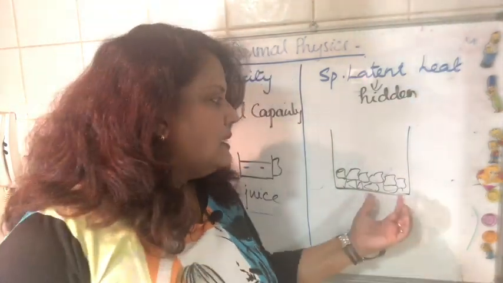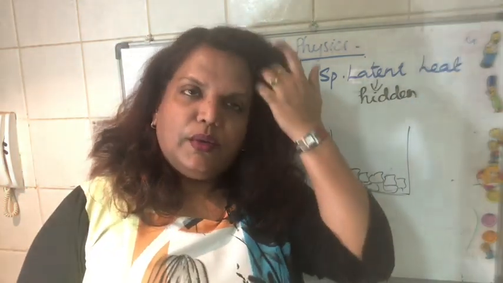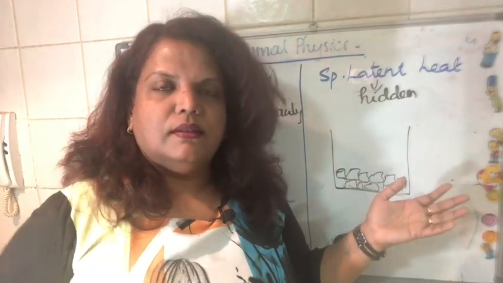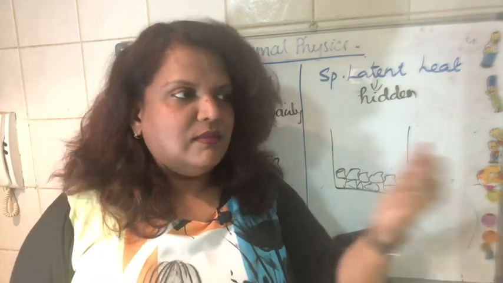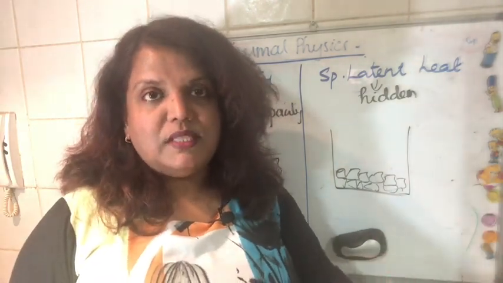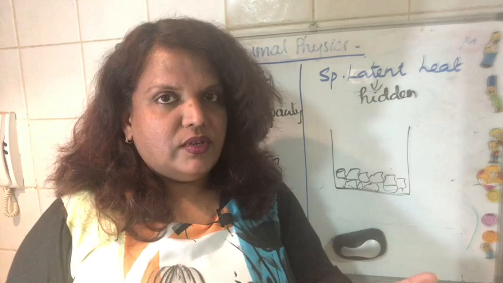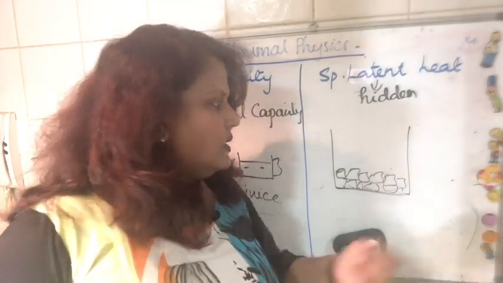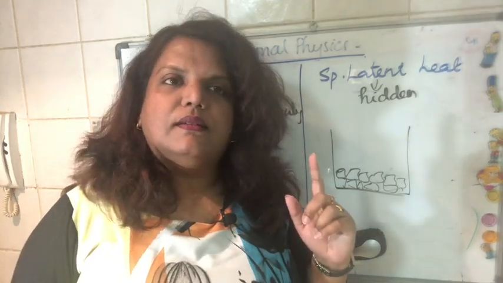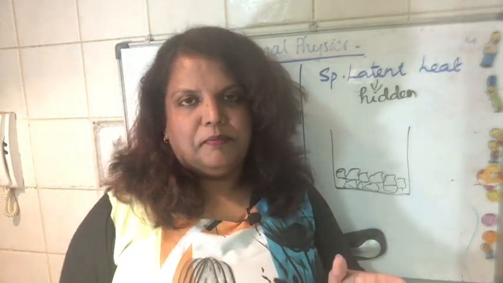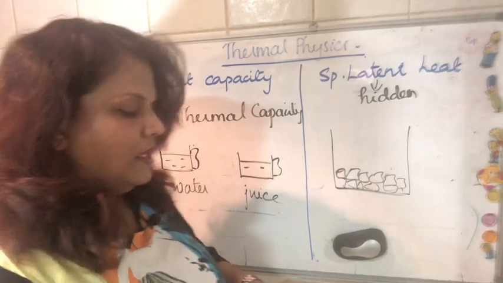If the ice has to melt to liquid, do we have to supply energy? We may not be heating it, but when you keep it outside, it is absorbing heat from the surroundings, which means the temperature of the ice cube must increase, right? But you will notice the liquid that is melted initially will also be at 0 degrees Celsius. All right, there's one example, keep that in mind.